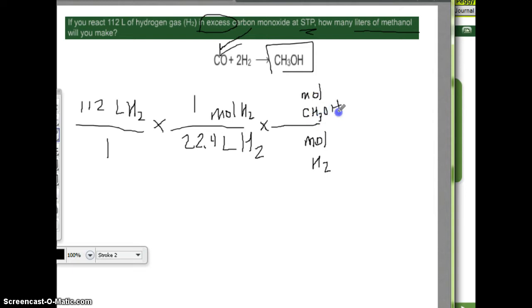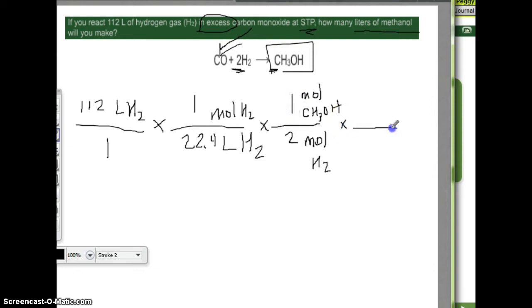All right, so let's look at our ratio. So here's our hydrogen, here's our methanol. What's our ratio? It's 2 to 1. What number goes on the bottom? The 2, because that's the dihydride, and the 1 goes on the top.